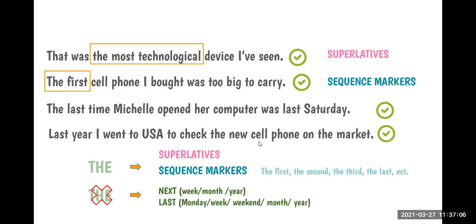And the time expressions with last Monday, last week, we don't say the last Monday or the last week. Okay, so be careful with this. Expressions with next or last don't go with the. But sequence markers, yes, they can go with the. Okay, any questions about this?